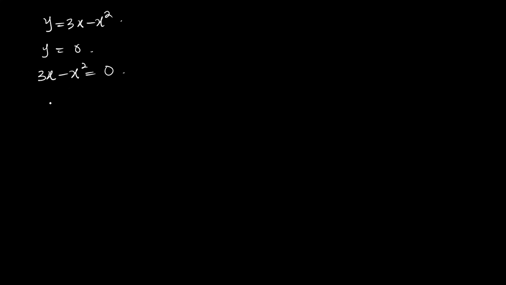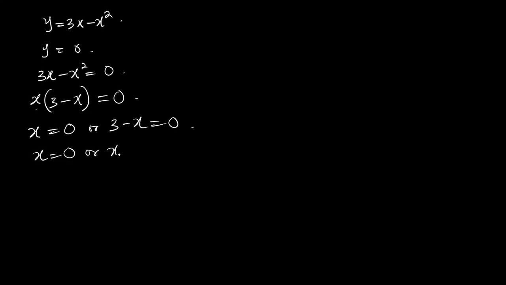If we factorize this, x is common, so we'll say x times (3 minus x) equal to 0. For x times (3 minus x), it means that x is equal to 0, or 3 minus x is equal to 0. So that means x is equal to 0 or x equal to 3.